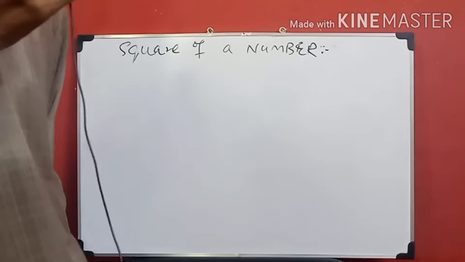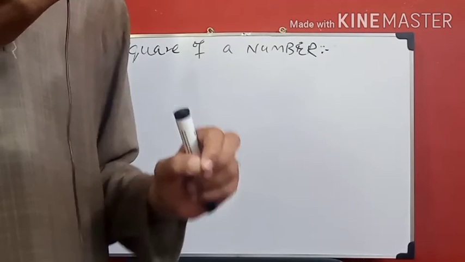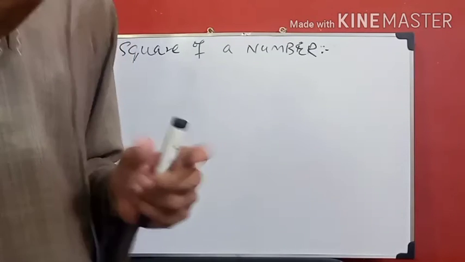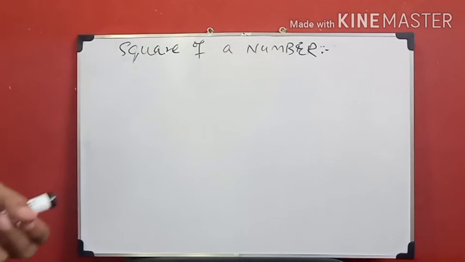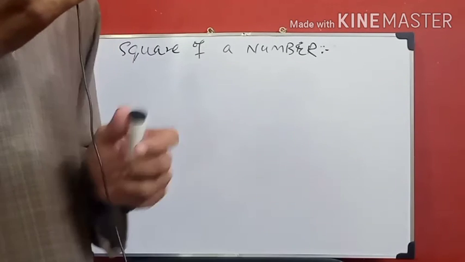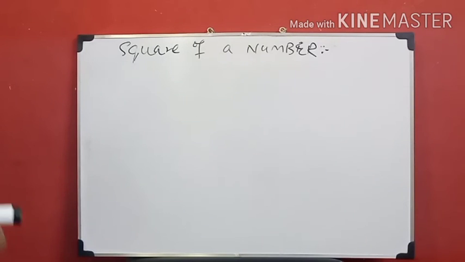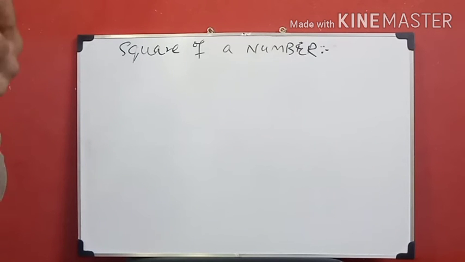There are many methods to find the square, and square of a number means when a number is multiplied by itself. We know 1 till 10 the squares of the numbers: 1 one is 1, 2 twos are 4, 3 threes are 9 and so on. So first we write the squares of the numbers 1 to 10.